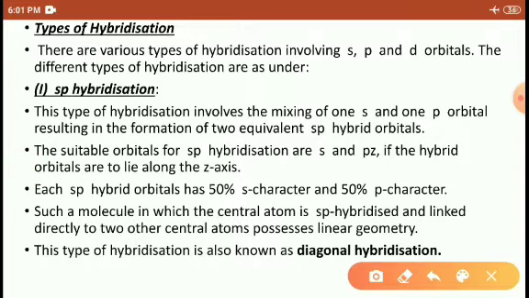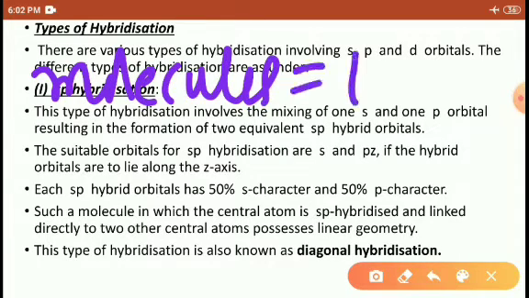Right, students? So how is energy considered? What is the energy of sp hybridization? Any molecule's energy we consider as 100%.